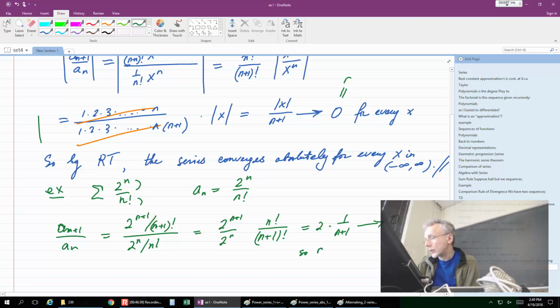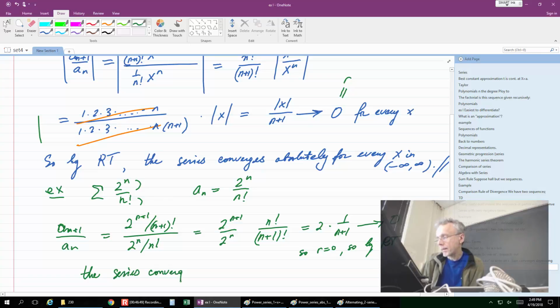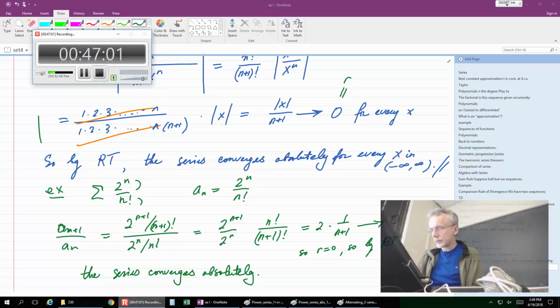So r is equal to 0. By the ratio test, the series converges absolutely. Of course it converges absolutely because the series has positive terms in it. We have 1 week left, and hopefully we'll have time for review.